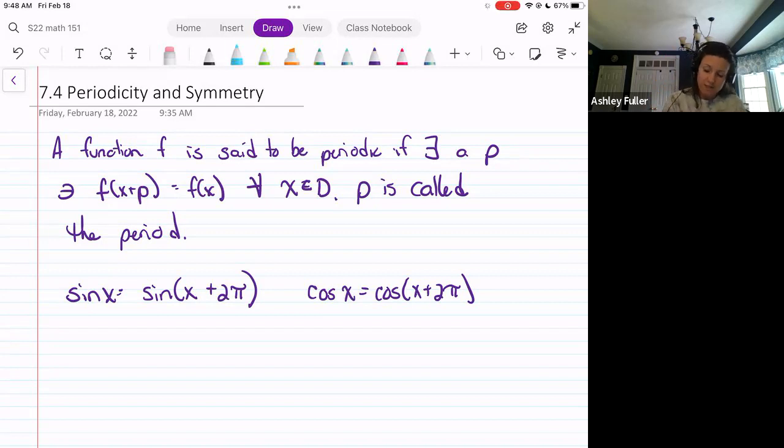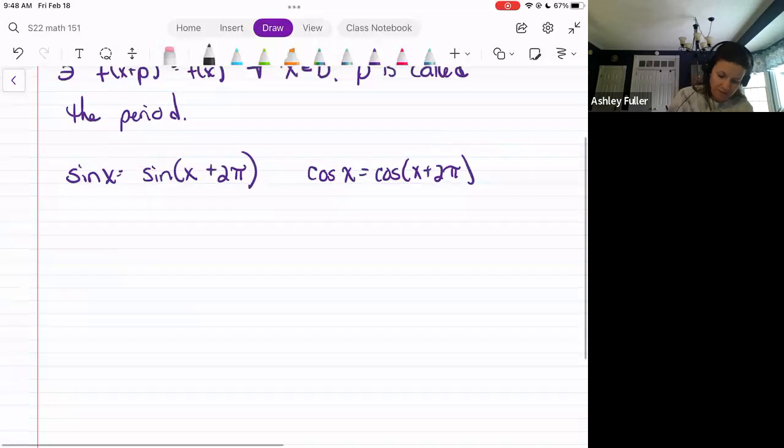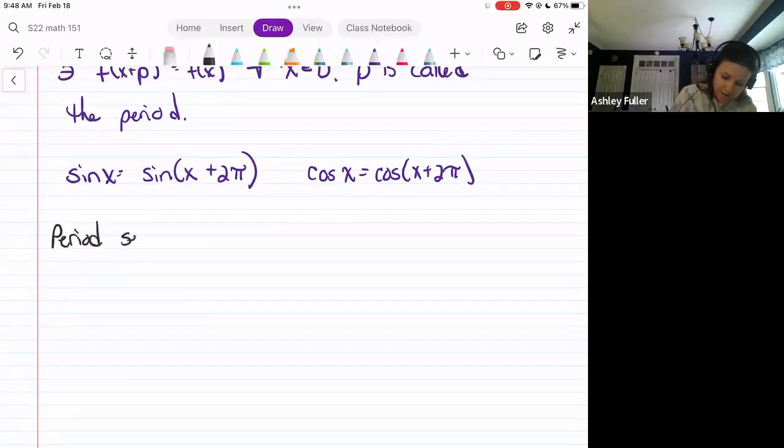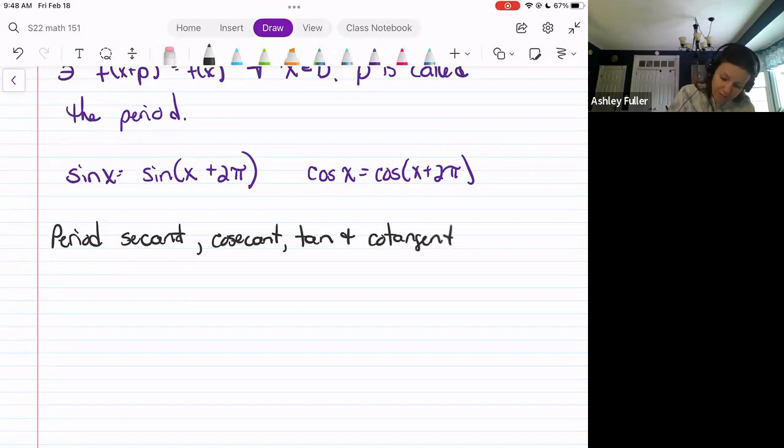We can use this information to then determine the periods of secant, cosecant, tangent, and cotangent. Let's start with secant. Secant of x is 1 over the cosine of x.